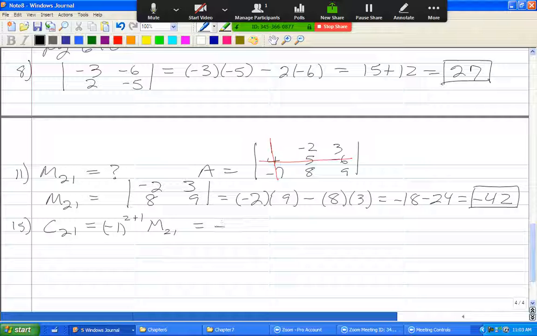And so this is equal to negative of negative 42, which is positive 42. Or another way of thinking about this, always start out with plus and just keep alternating signs. If you do that, then you can figure this out also. And so plus minus. So in this case, it changes the sign from negative 42 to positive 42.